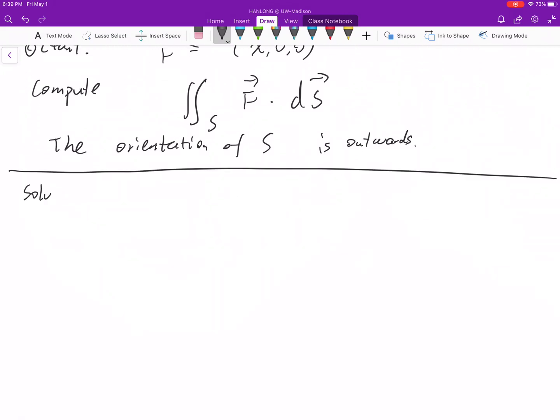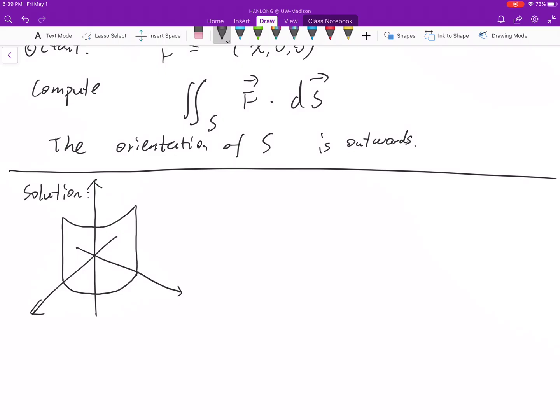Okay, so let's first draw the picture. So suppose this is your cylinder, so radius is 2 and the height is 4. Okay, you can imagine.